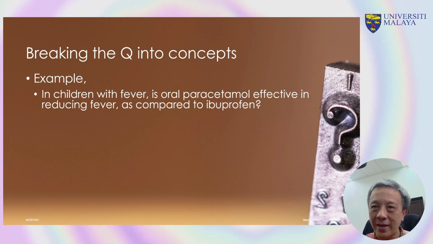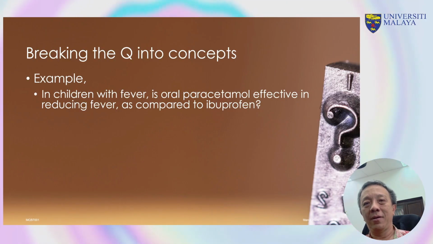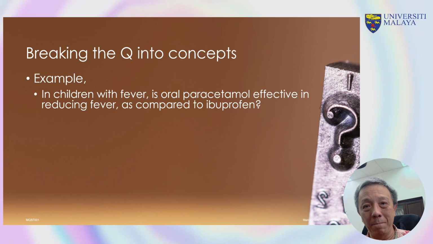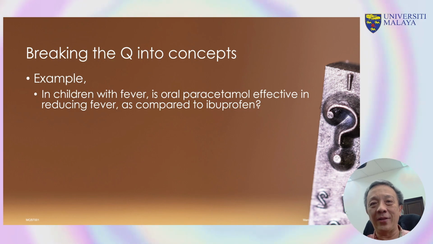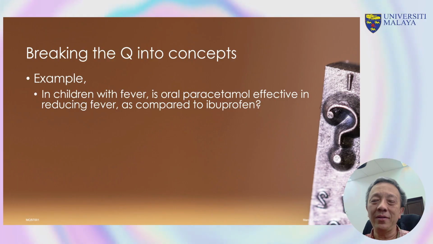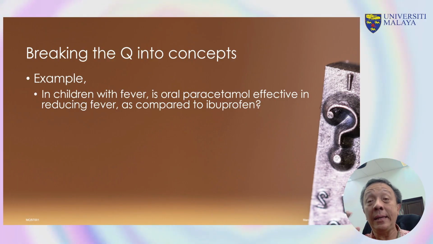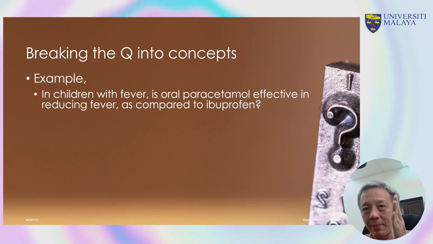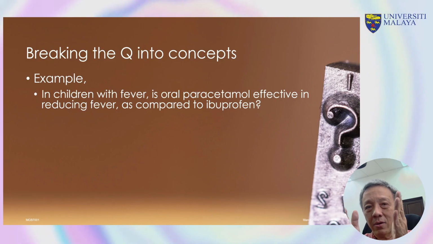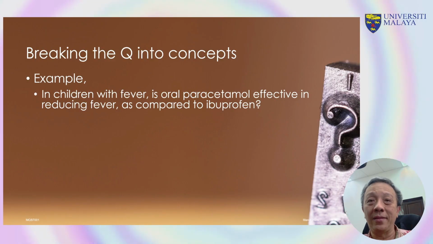So we already have the population, we already have the intervention, we already have the comparison, and we already have the outcome in the question itself. So this is a very, very simple and comprehensive question that you can actually answer simply.